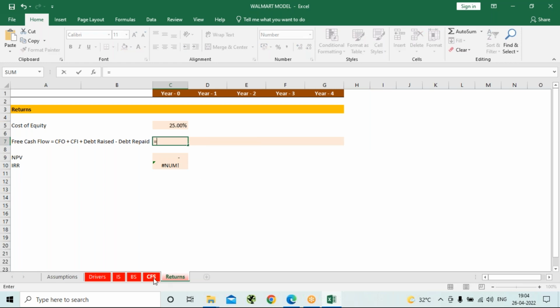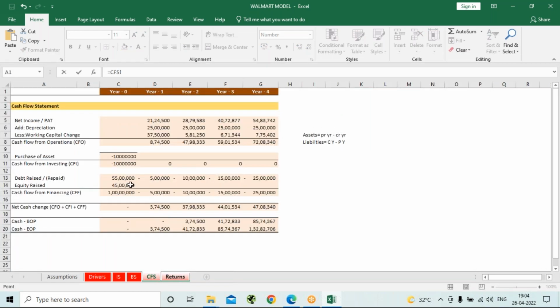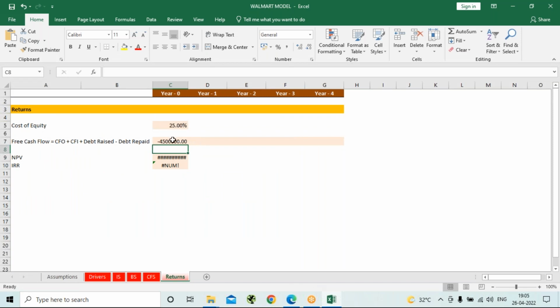Equals to CFO plus CFI plus the debt raised amount, which gives you 45 lakhs.